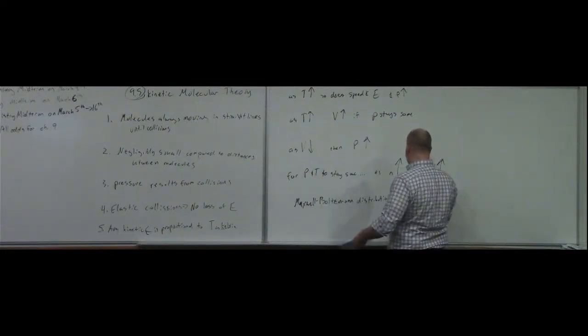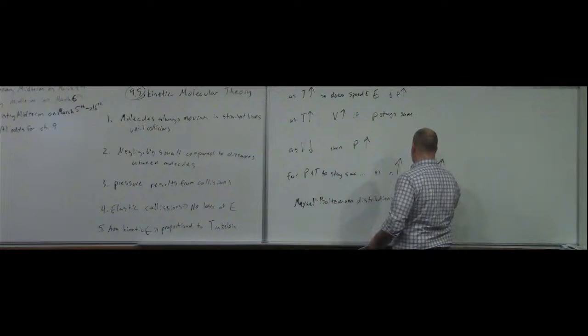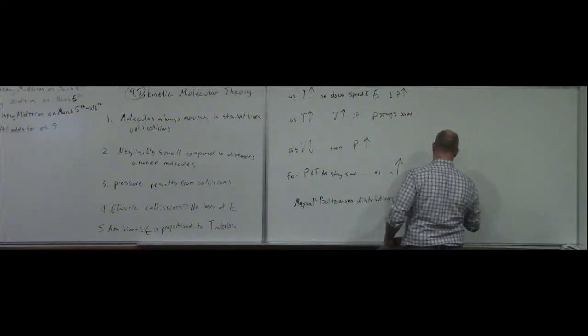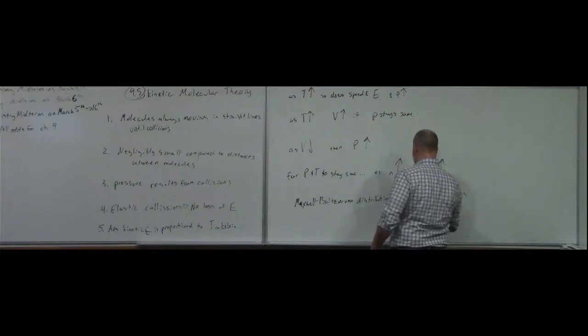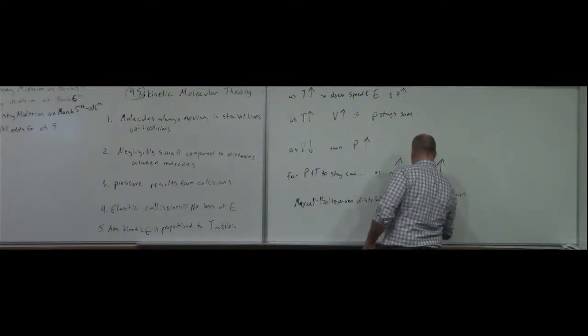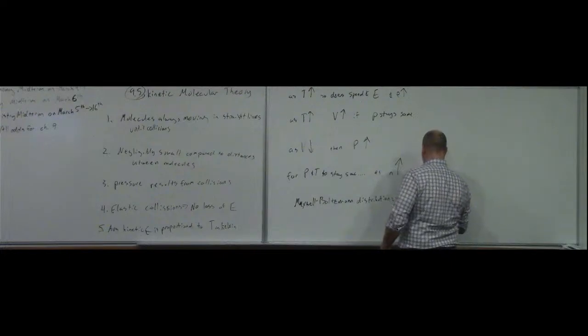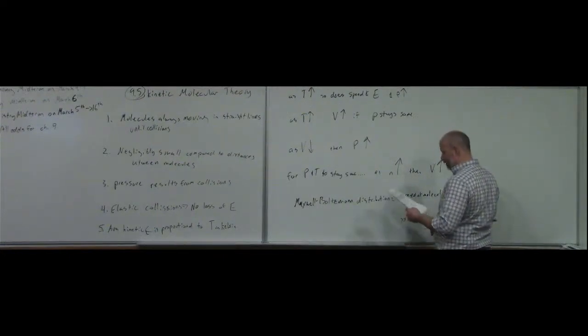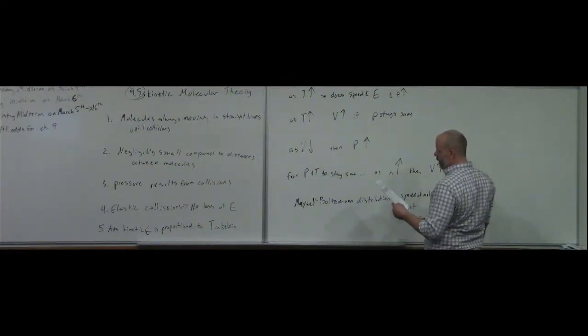What this is saying is that the speed of molecules varies, but there are so many that the average is pretty consistent, right? In a gas sample, individual molecules have widely varying speeds.